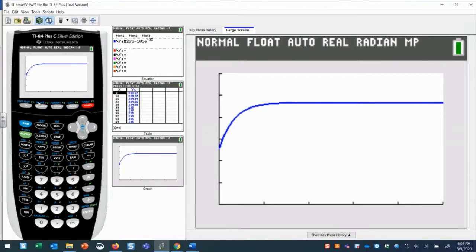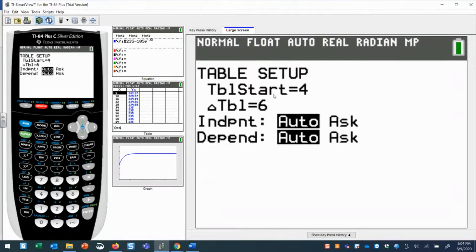The table set is right above the window key. So second window. I want to start my table at 0, and I want the delta, the change, to be 10. So for 0, 10, 20, 30, 40, I'll get my values for those numbers. I want to keep it on auto because I want my calculator to do the work for me.